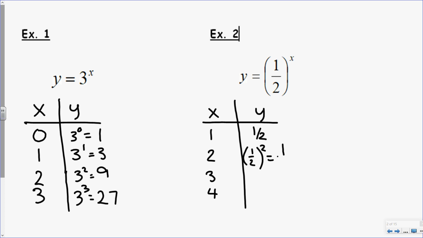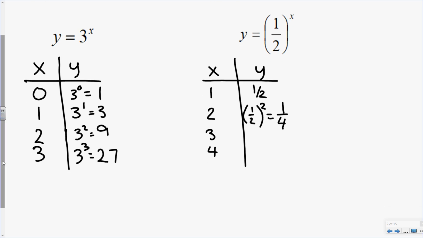So that is 1 over 4. Here I'm cubing 1/2. So that's 1 cubed, which is 1, and 2 cubed, which is 2 times 2 times 2, which would be 8.